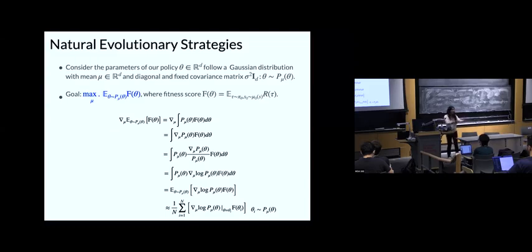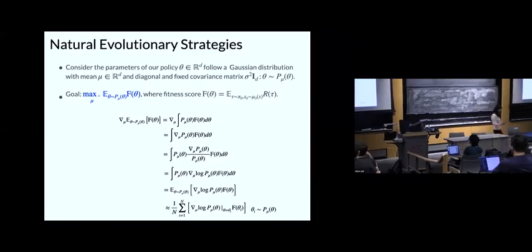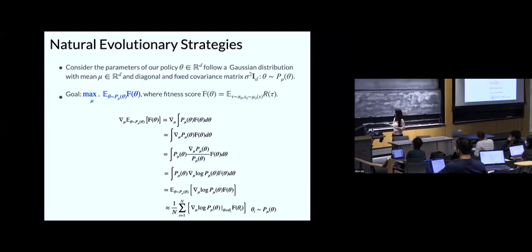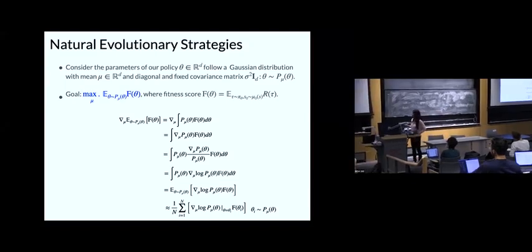And these samples are exactly those parameter vectors that we just discussed. We'll have our Gaussian, we'll be sampling from that Gaussian, we'll evaluate those, these are the F thetas there, and we'll be moving the mu vector towards the samples that have the highest fitness scores, let's say.